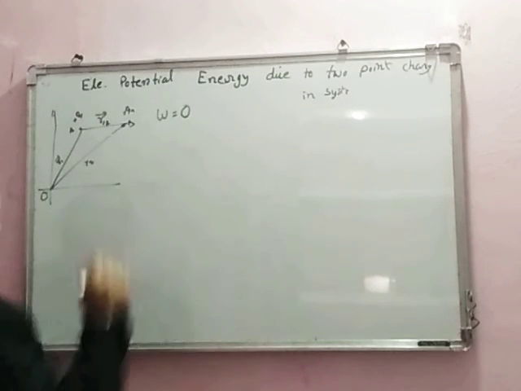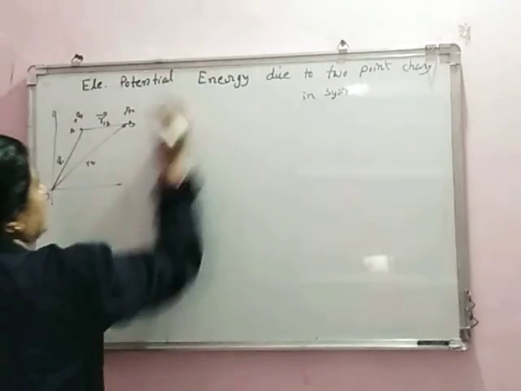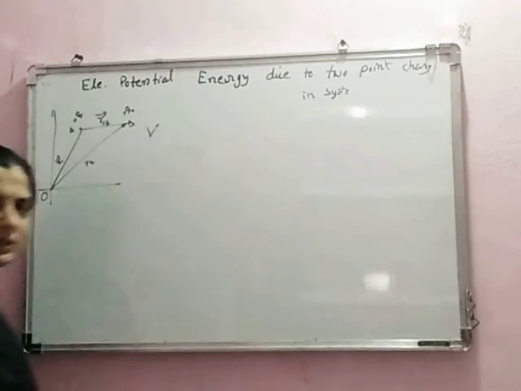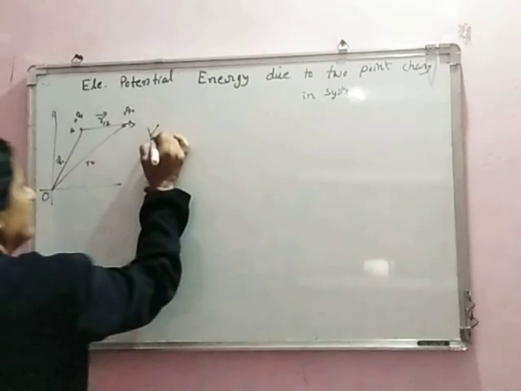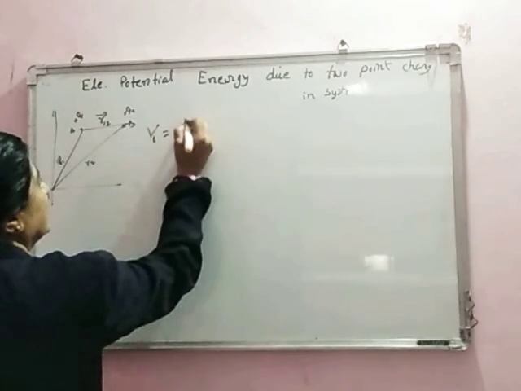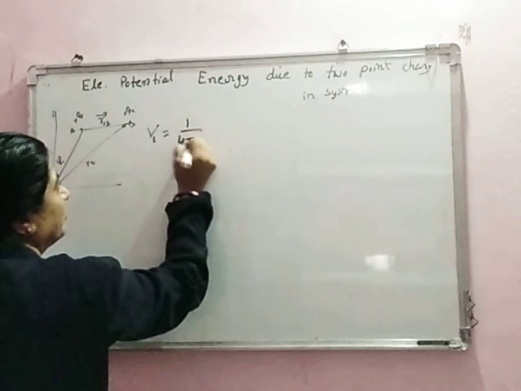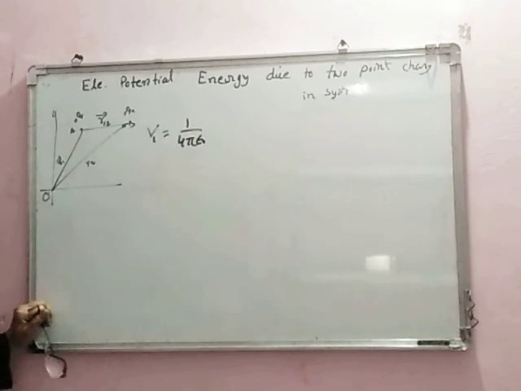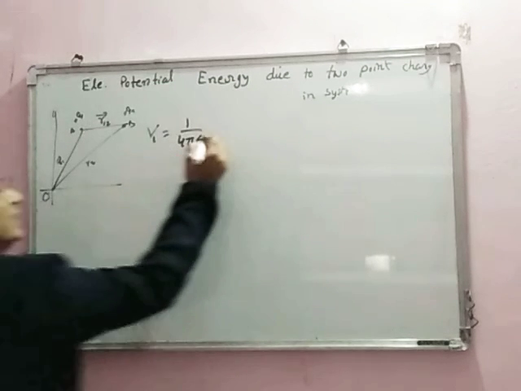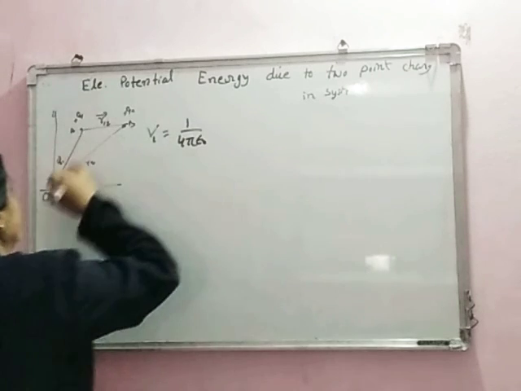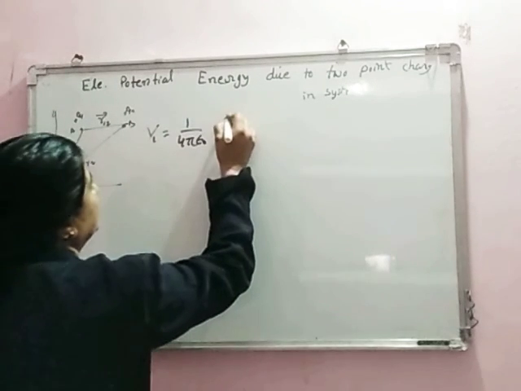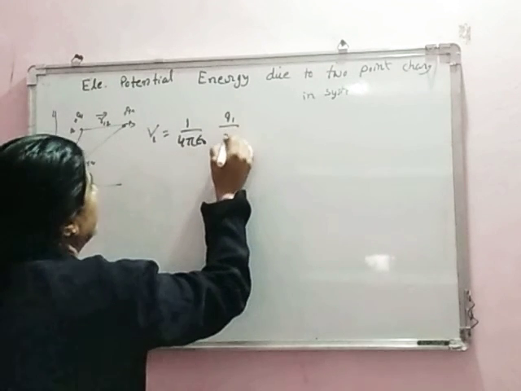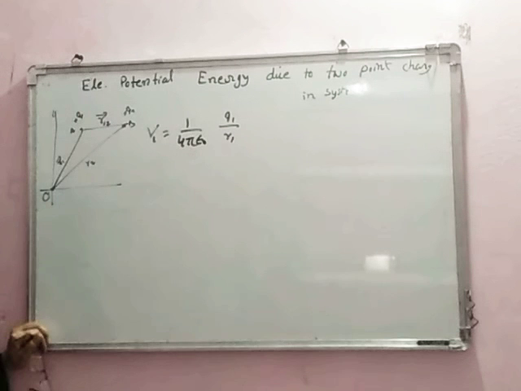So the electric potential V, or V1 we can consider, is 1 upon 4 pi epsilon 0 Q1 upon r1. Distance मी काय केलेला r1 at origin मध्ये काढणार आहे.